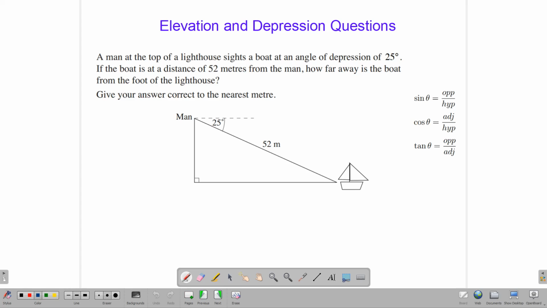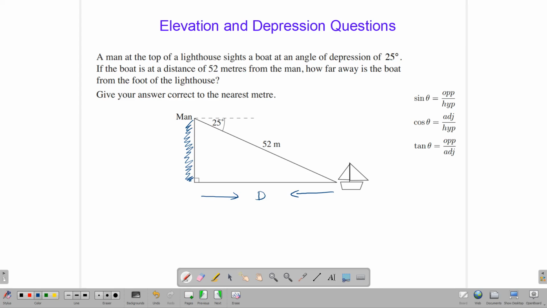The distance from the man to the boat, that is along the line of sight, is 52 meters. How far away is the boat from the foot of the lighthouse? Now this is the lighthouse here. And we want to find the distance from the boat to the foot of the lighthouse.